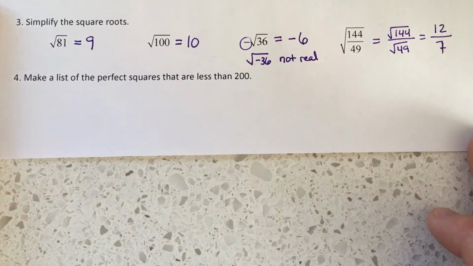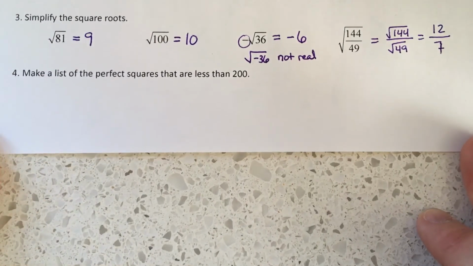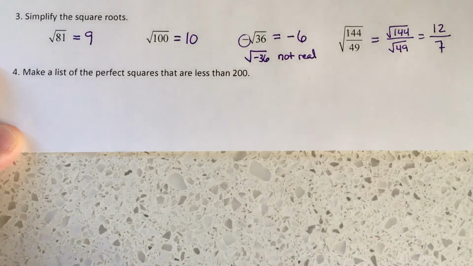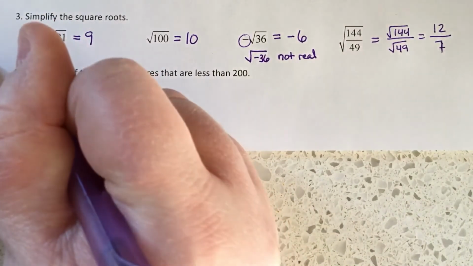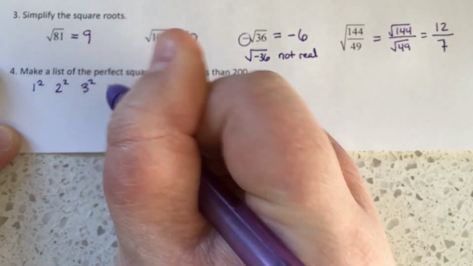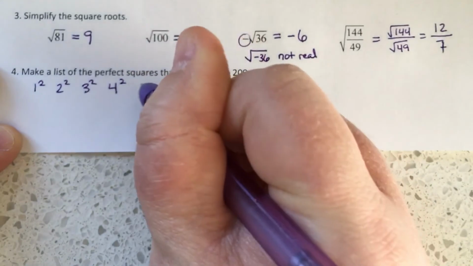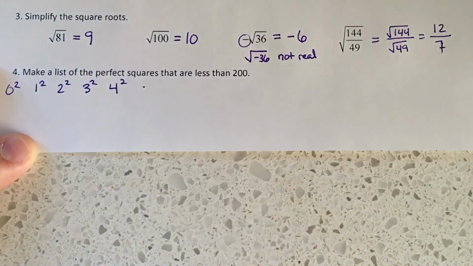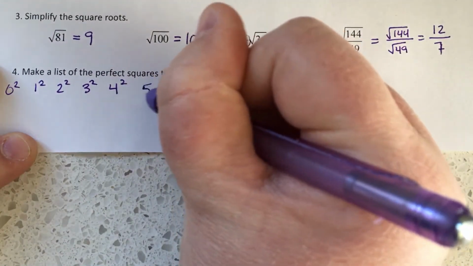Well, let's make a list, right? I've talked about how you need to know these. Just to be careful, let's make a list so we're all clear on what these perfect squares are and where they come from. All they come from is squaring numbers. So I'm going to start by writing out all the whole numbers squared. I guess we could start with 0 squared. 5 squared.